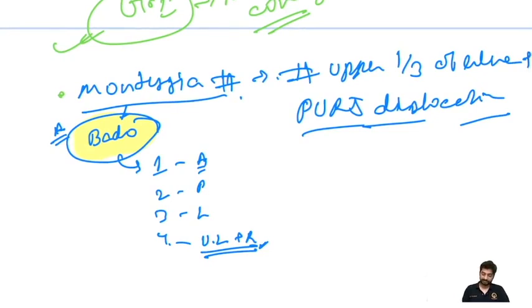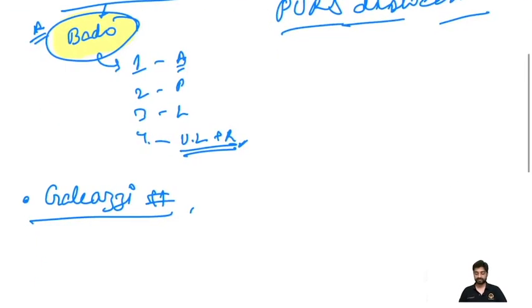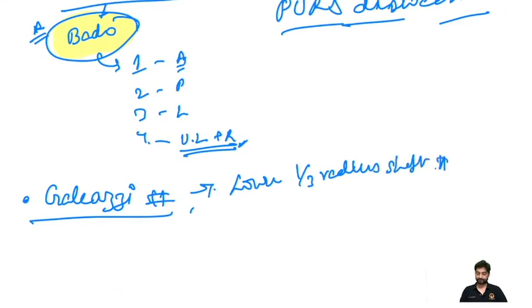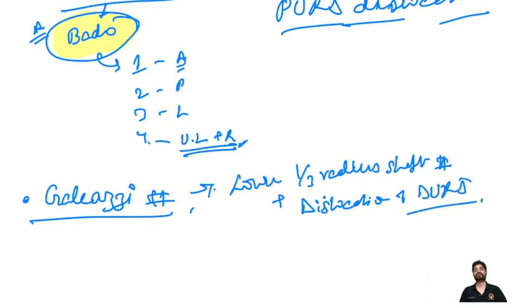Similarly, there is a second terminology known as Galeazzi fracture. So what is Galeazzi fracture? In Galeazzi fracture, there is a lower one-third radius shaft fracture plus dislocation of the DRUJ, which means distal radioulnar joint.